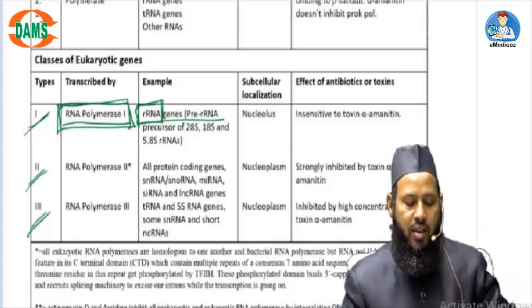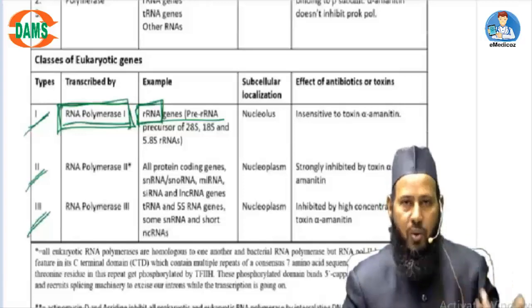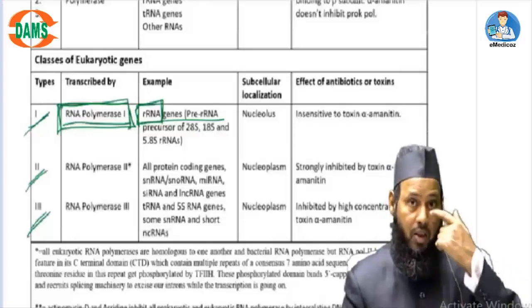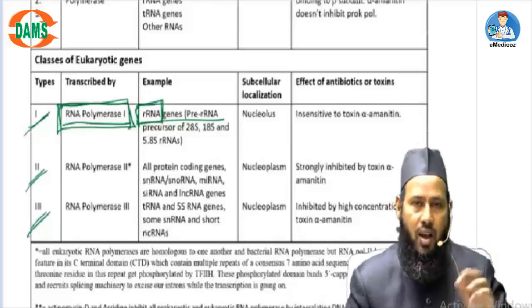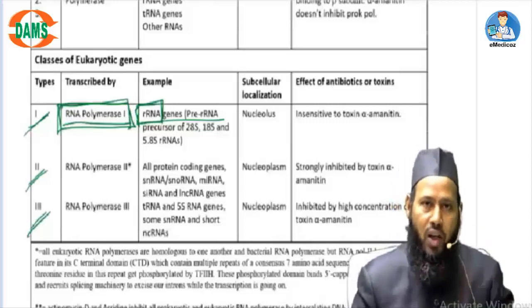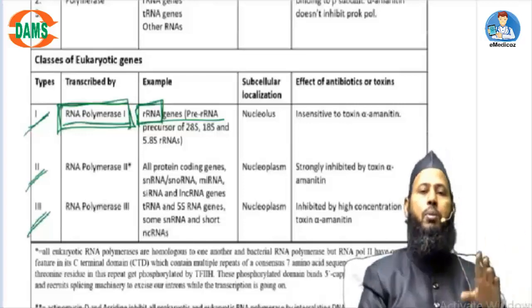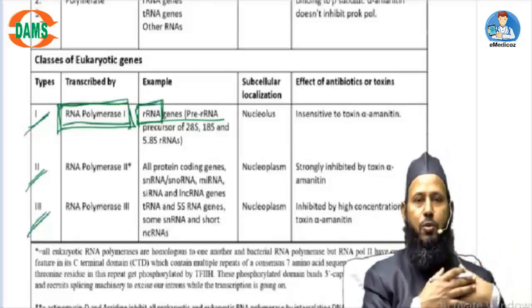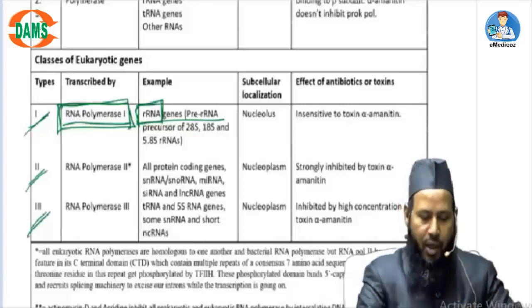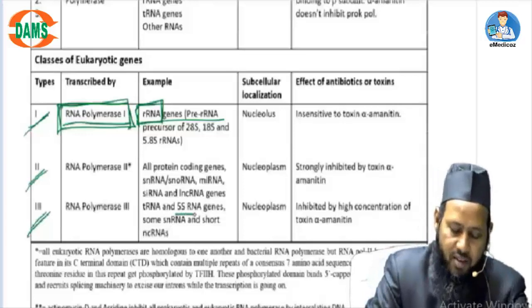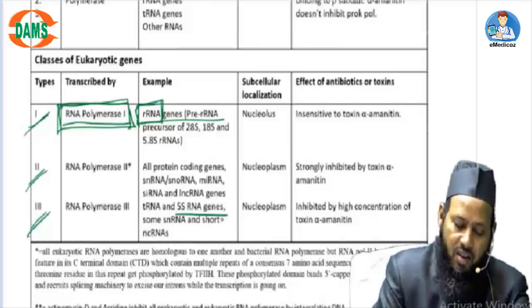If I say the ribosomal RNA genes are transcribed only by RNA pol 1, then it will be a different statement, and the 2 statements are not equivalent, because there are some ribosomal RNA genes, for example the 5S ribosomal RNA gene, that are transcribed by RNA polymerase 3.